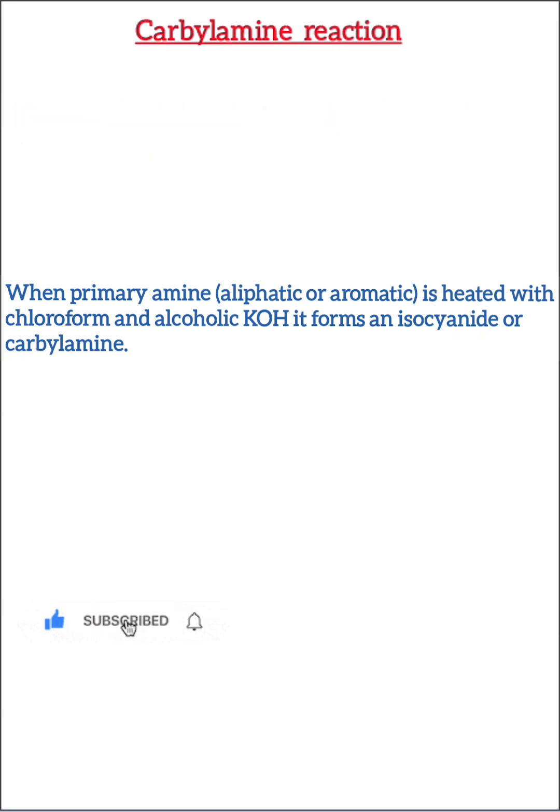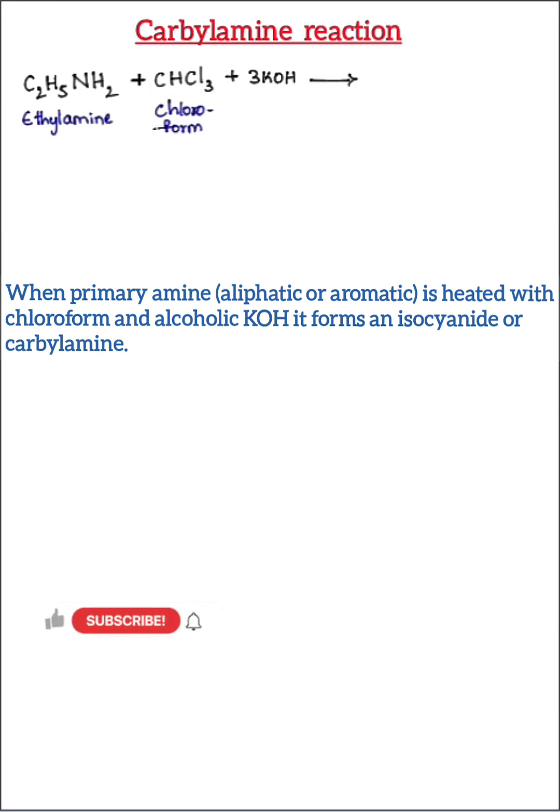Okay. So let's see an example. Ethylamine. It is an aliphatic primary amine. When this ethylamine is heated with chloroform and alcoholic potassium hydroxide, then it forms ethyl isocyanide. So isocyanide is also called carbylamine. It is a very simple reaction, right?